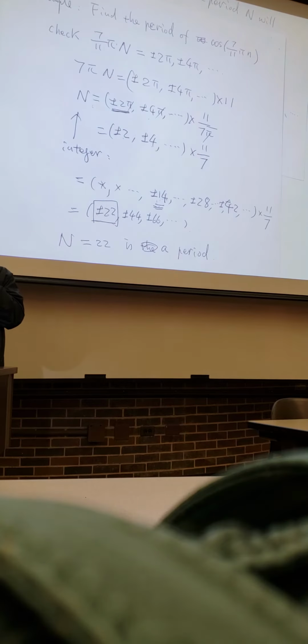Do you understand how to do it? You want to find the period: you replace this lowercase m by capital N, you want them to be 2 pi, 4 pi, and so on, and then solve to find those integer n's. Then you get the period.